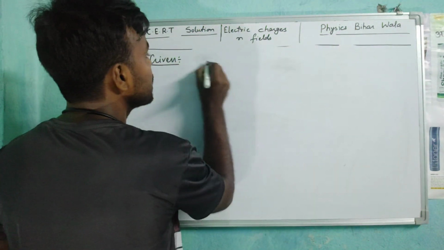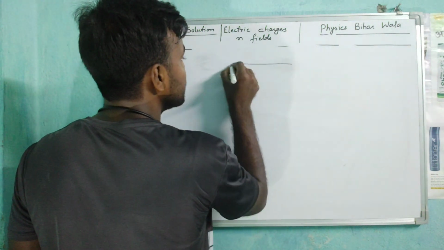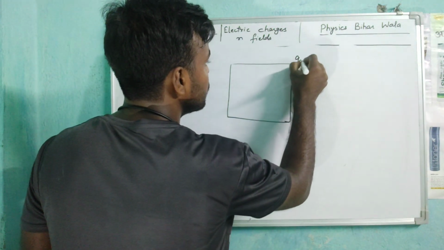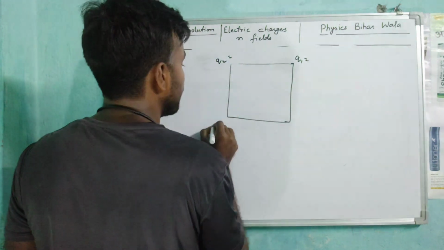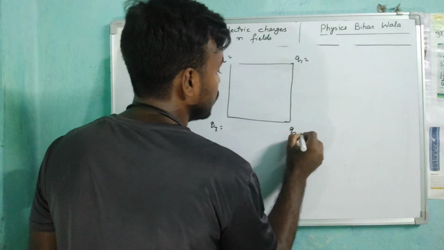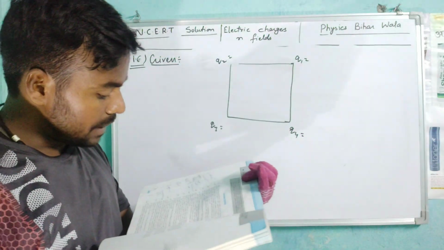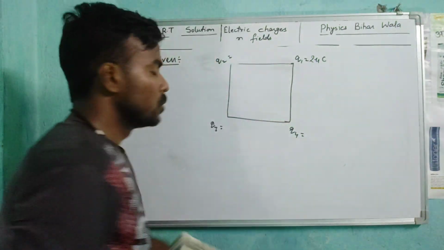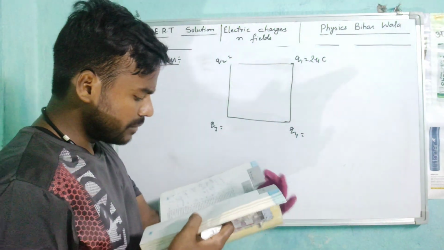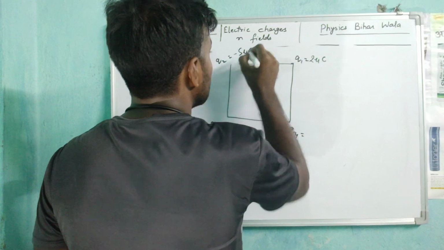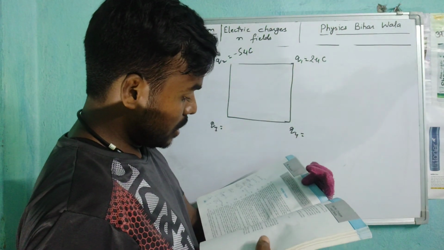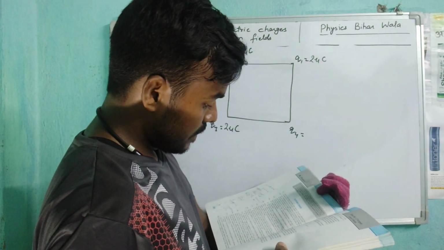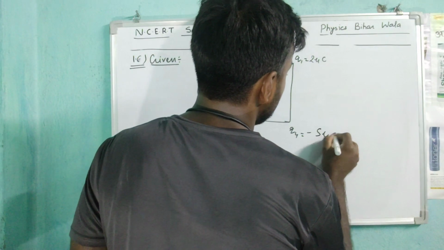We have been given the side of the square. First let me draw the square. This is the square, and Q1, Q2, Q3 and Q4 are given here. The magnitude of Q1 is 2 microcoulomb, Q2 is minus 5 microcoulomb, Q3 is 2 microcoulomb and Q4 is minus 5 microcoulomb.